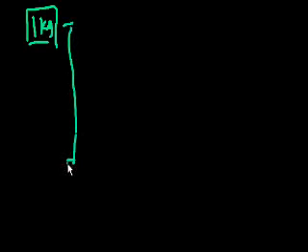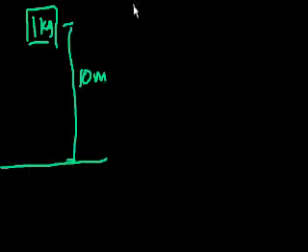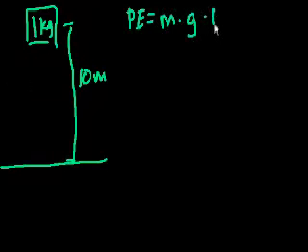So let's say I have a 1 kilogram object, and we're on Earth, and let's say that it is 10 meters above the ground. So we know that its potential energy is equal to mass times gravitational acceleration times height.